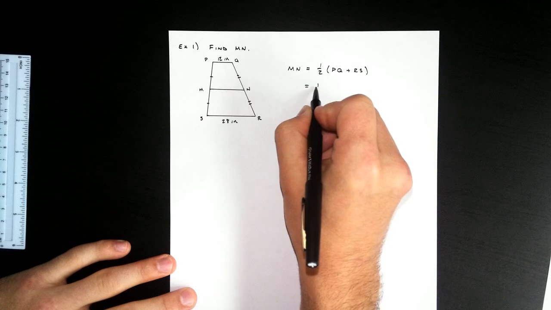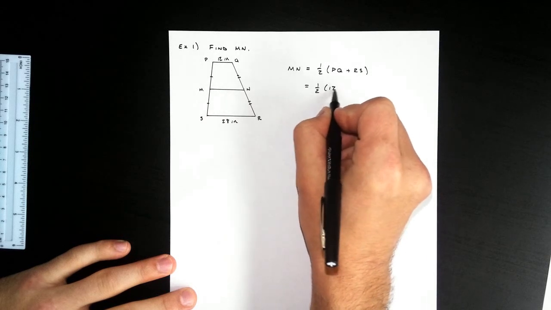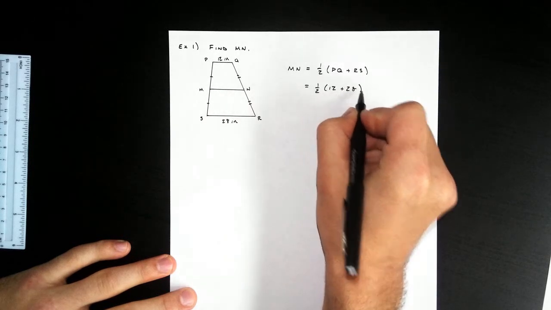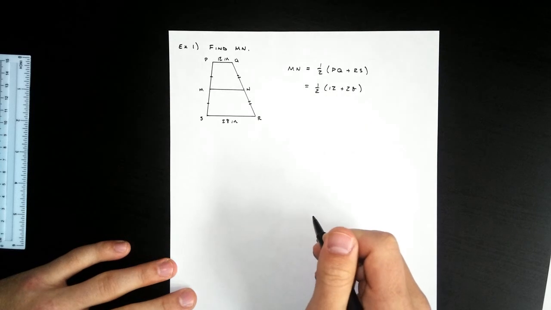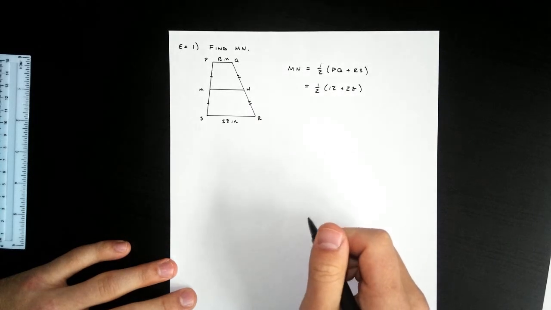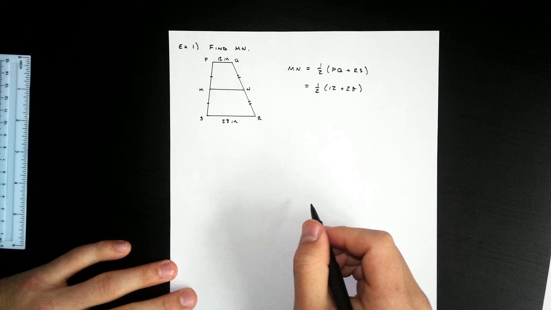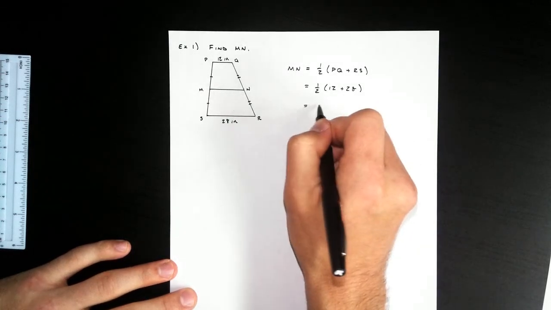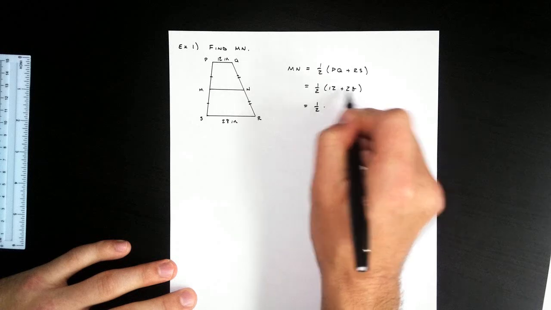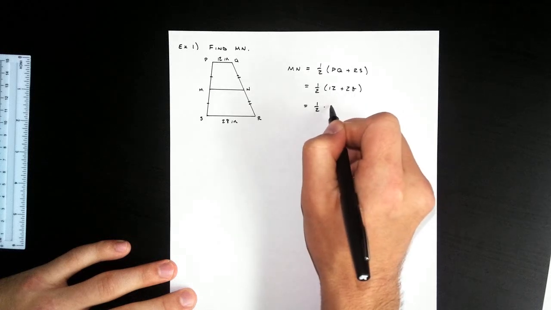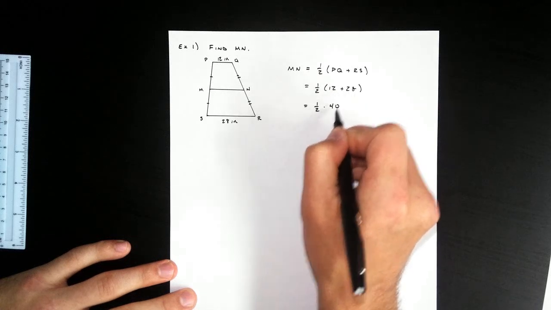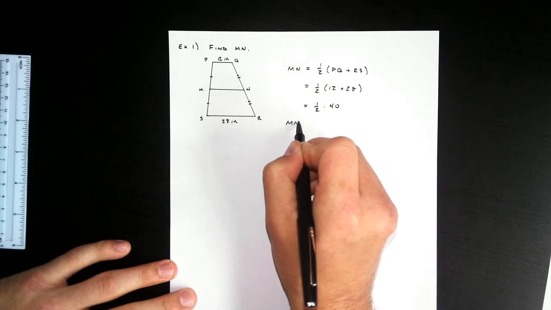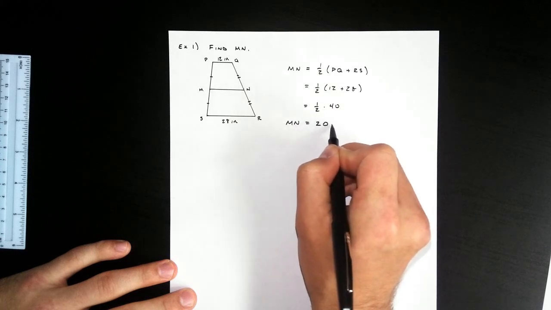So if I add the two bases together, cut that in half, that's how long my midsegment is. As I said, it's basically the average of the two. So it's going to be right smack dab in the middle. So this is 1/2 of 40. So MN is 20 inches long.